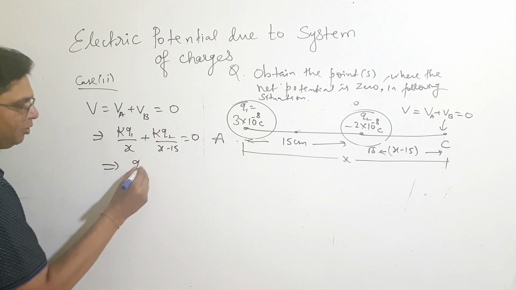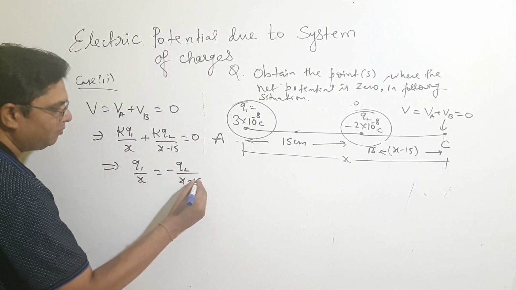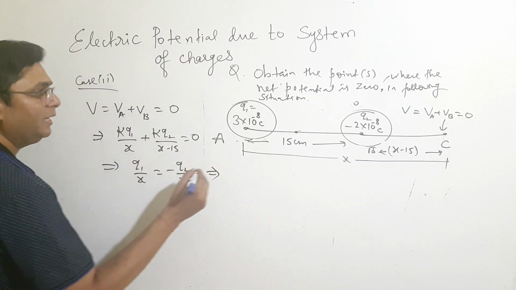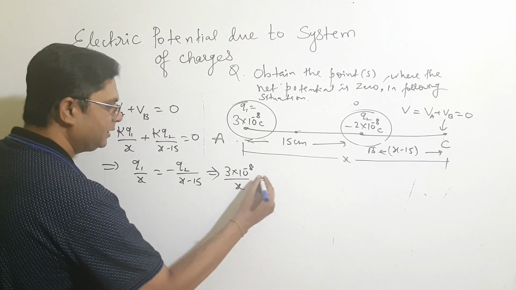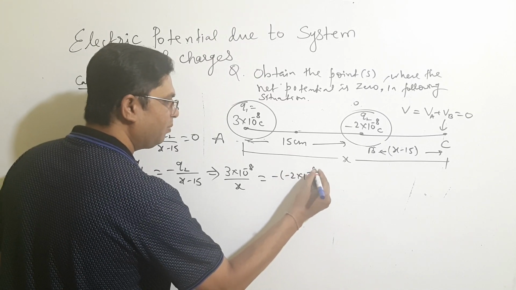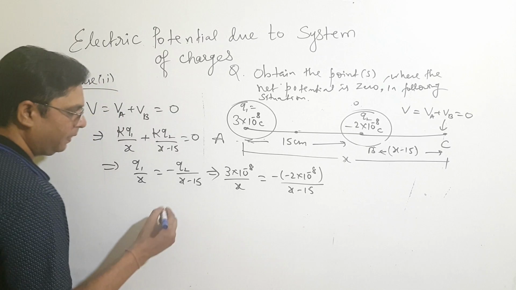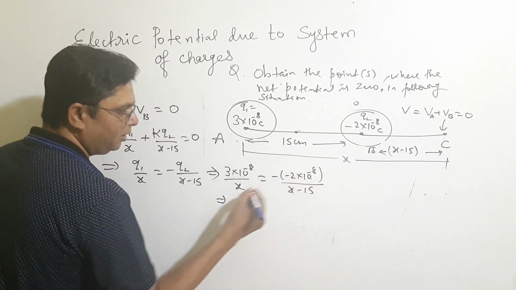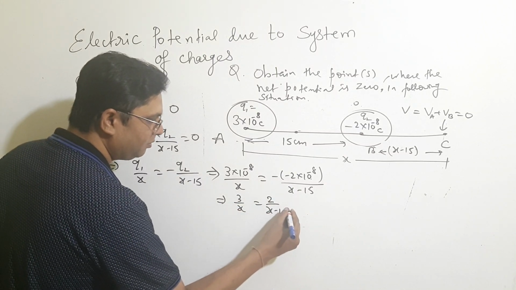So you have Q1 upon x equals minus Q2 upon x minus 15, because k will be common out. Now put the values: Q1 is again 3 into 10 to the power minus 8 upon x, and Q2 is minus 2 into 10 to the power minus 8 upon x minus 15. This will cancel out. You have 3 upon x equals 2 upon x minus 15.